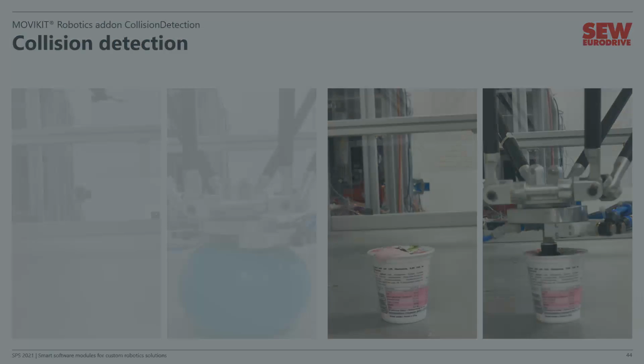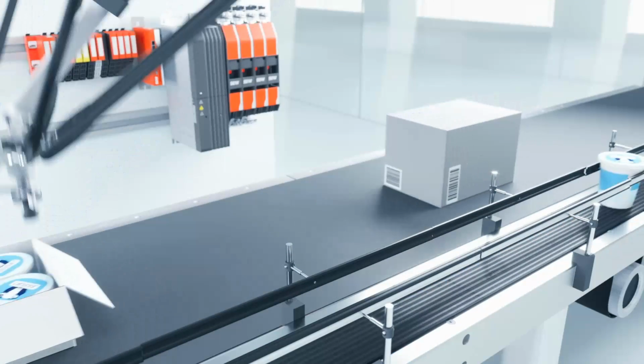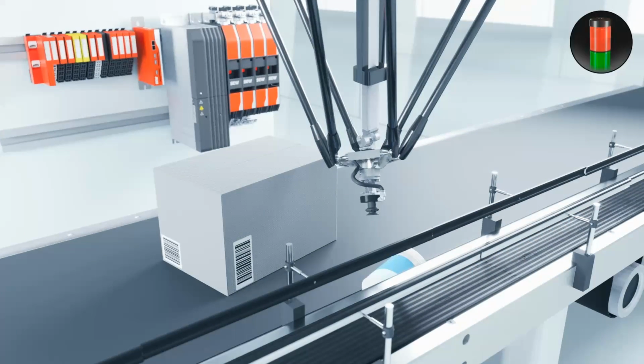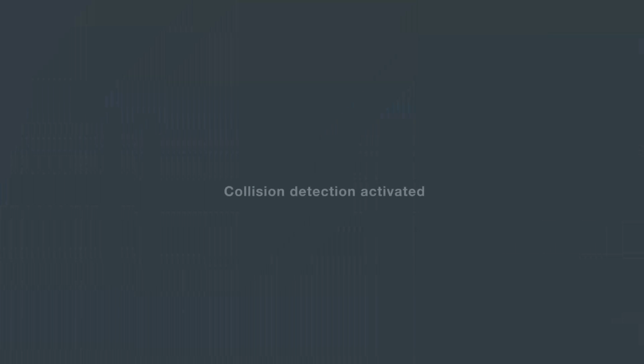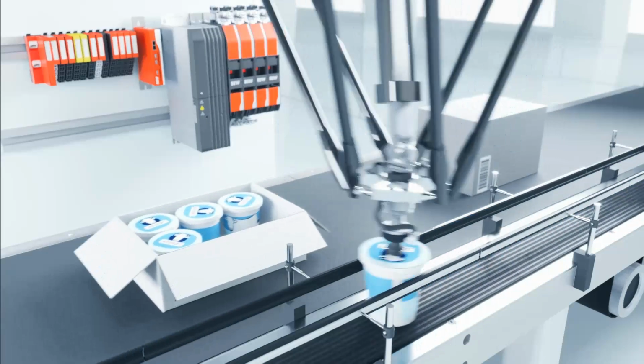In the following application case, a collision occurs during a transfer movement where no incorrect placement onto a product that is too tall or askew is to be expected during the picking procedure. Without collision detection, this can lead to damage to the robot and lag errors of the axis and therefore a system standstill.